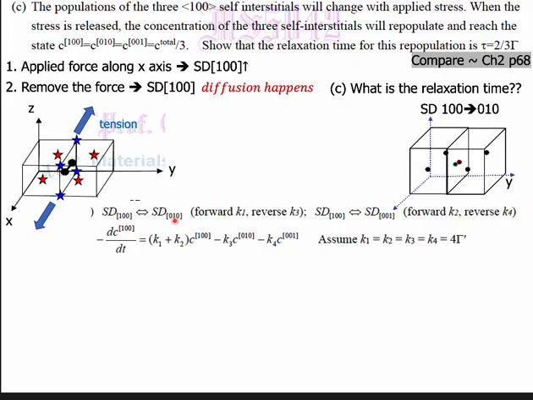I hope you can have a picture of what it means for the split dumbbell to move from 100 to 010. In the beginning I have lots of split dumbbells along 100, like this pair. This is the x-axis, so it's along 100.